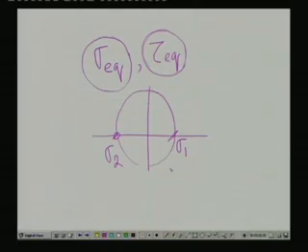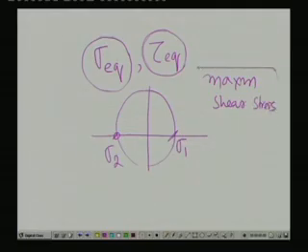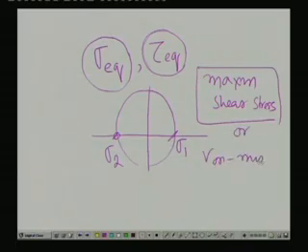Once we have sigma 1 and sigma 2, we can utilize either the maximum shear stress theory or the von Mises criterion.